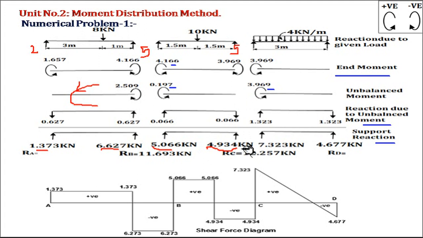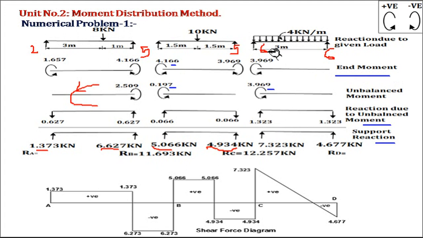Now here the UDL is acting, so 4 into 3 is 12 divided by 2, that is 6. That is WL by 2. Here also the value is 6. The reaction due to the unbalanced moment is 1.323.